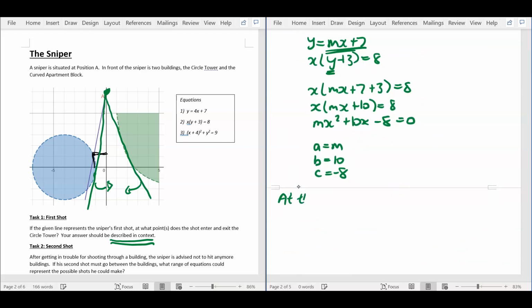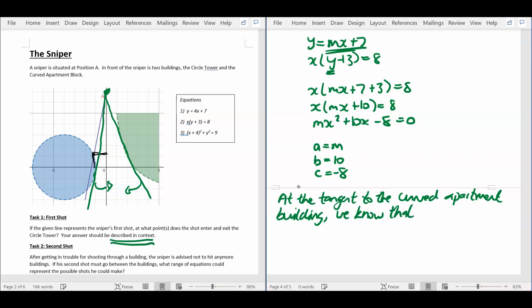So at the tangent to the curved apartment building, we know that b squared minus 4ac will be equal to 0.